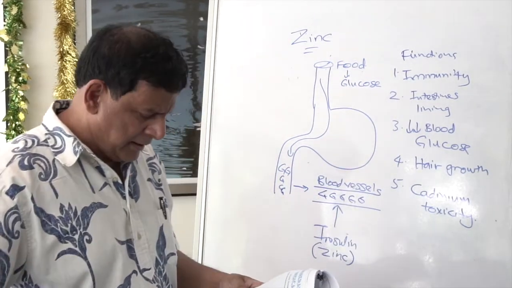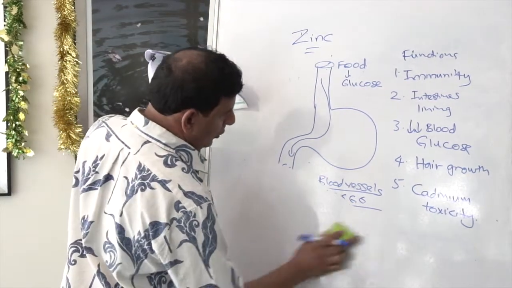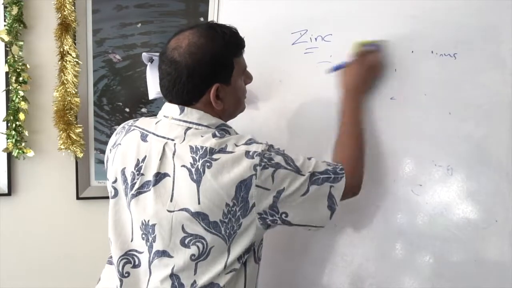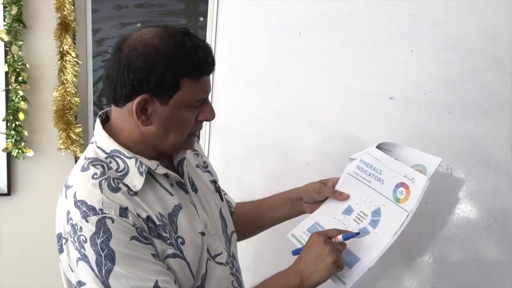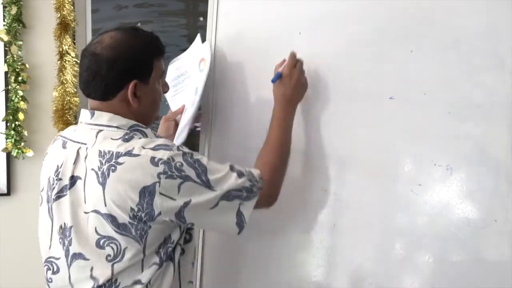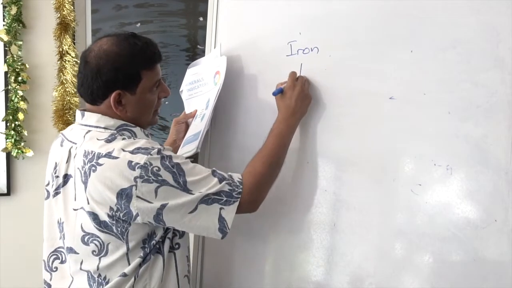Second most common deficiencies I see in the gut health. There are 16 vitamins. The other deficiency you will always find is iron deficiency. Iron deficiency can mean so many things.